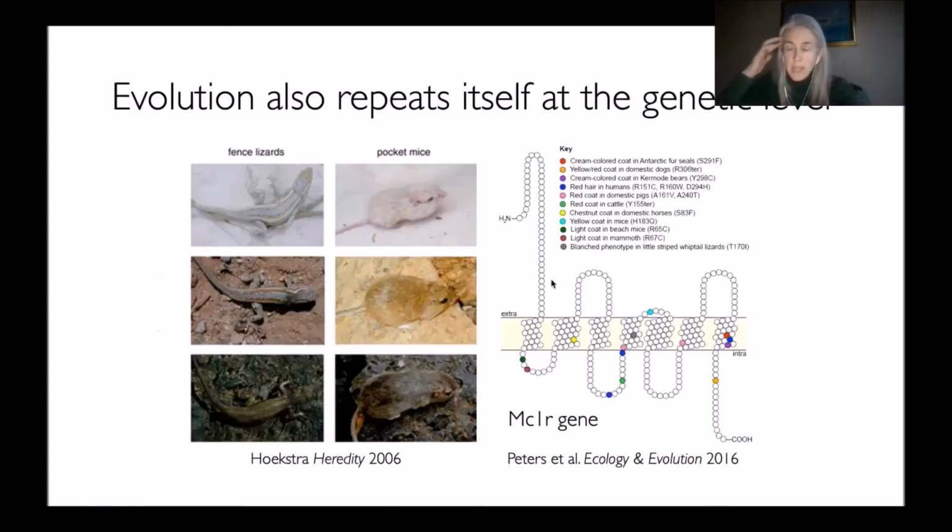I think these spectacular examples might have led to a bit of a bias in the literature and in people's thinking that when we see similar phenotypes evolving, it should always be the same genes and the same mutations, which, as we've talked about today, is definitely not always the case.